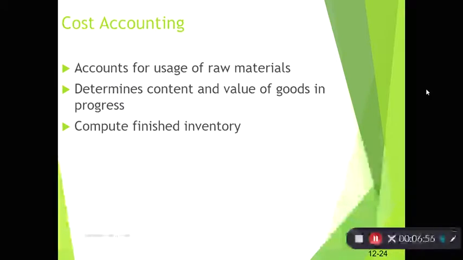Okay, what is a little different is, well, you probably talked about this, but maybe not in the business process context, in terms of cost accounting. They basically are trying to determine how raw materials are used and then how finished goods are determined, right?